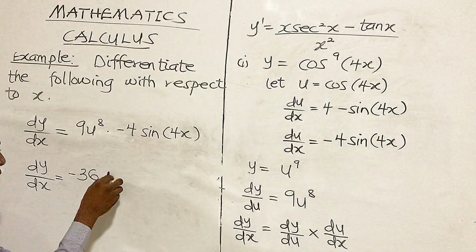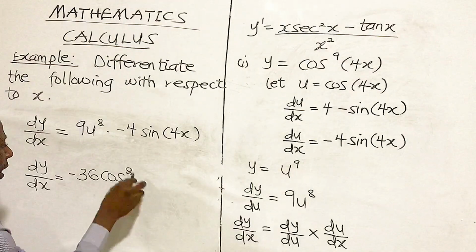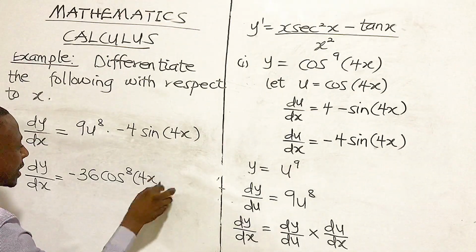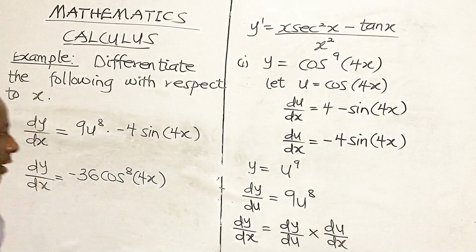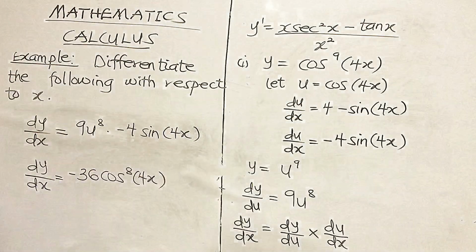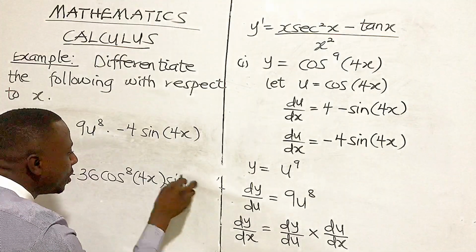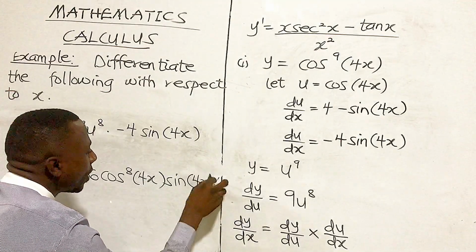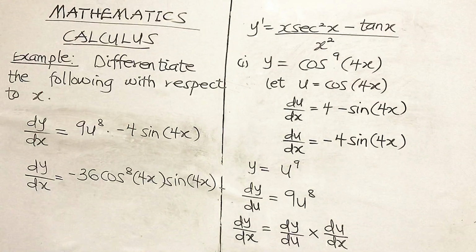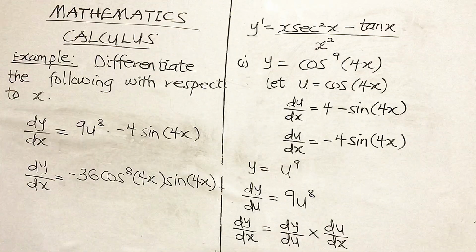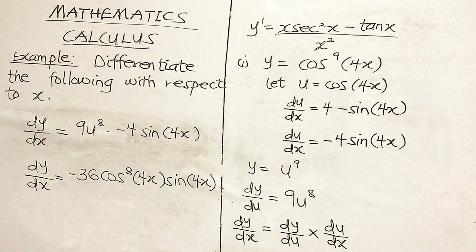So now it's going to be cos power 8 of 4x, because u is cos 4x. Then we now add the sine 4x to it. So we have sine of 4x. And this is the final answer. The next example.